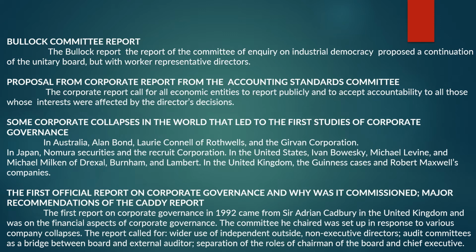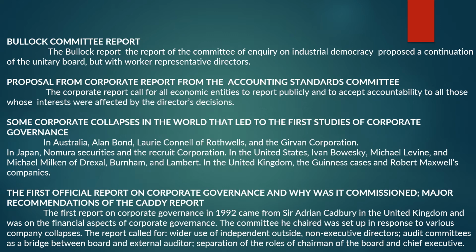We'll now talk about the first official report on corporate governance and why it was commissioned. The first report on corporate governance, in 1992, came from Sir Adrian Cadbury in the United Kingdom and was on the financial aspect of corporate governance.